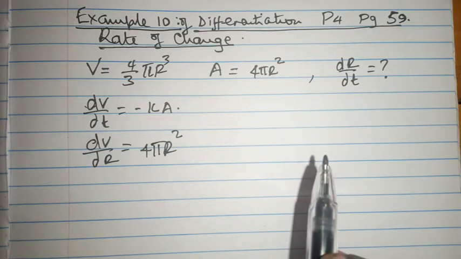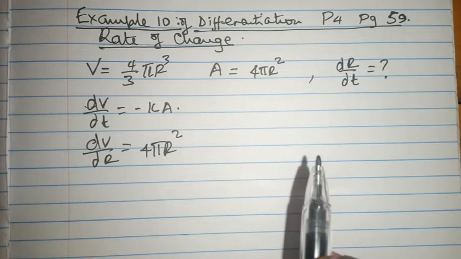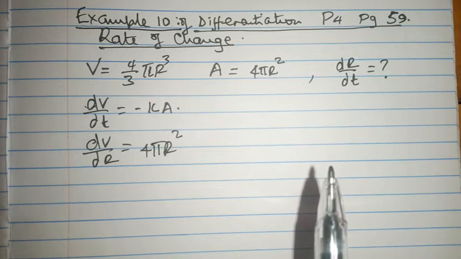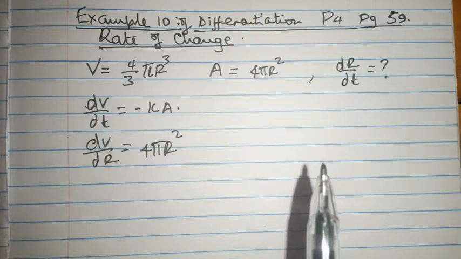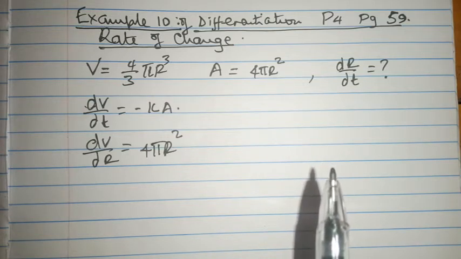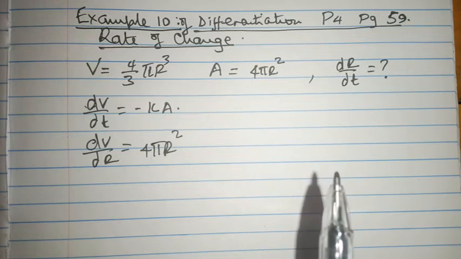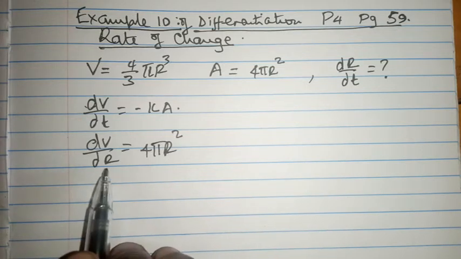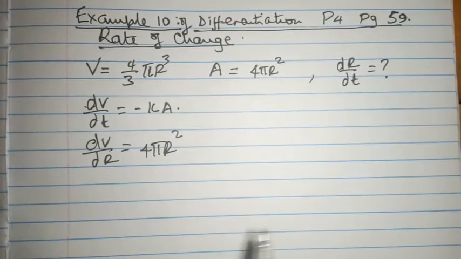The question asks for a differential equation in terms of r, so you need to use the expression for volume in terms of r. The chain rule is supposed to be used because this is a related rate of change.